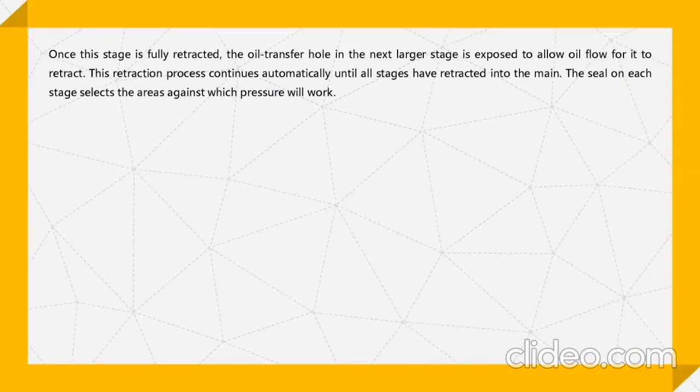Once the stage is fully retracted, the oil transfer hole in the next larger stage is exposed to allow oil flow for it to retract. This retraction process continues automatically until all stages have retracted into the main. The seal on each stage selects the areas against which pressure will work.